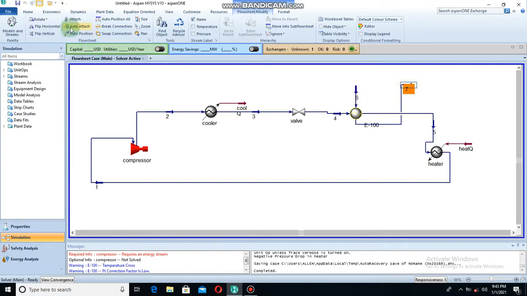The modeling is done. It's just the modification of the flow sheet, so I want you to have a very good view of what it's all about.